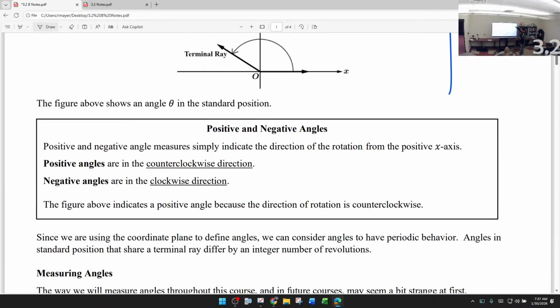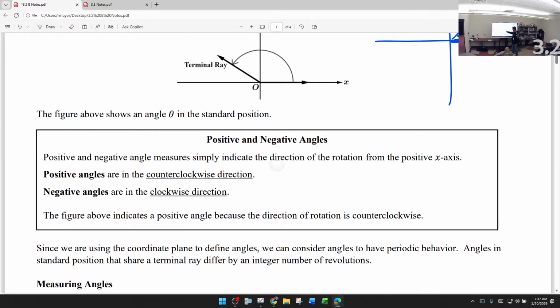Positive and negative angles. Positive angles are counterclockwise, up. Negative angles are down. Again, stuff I hope you already know, but we have the aha moments.